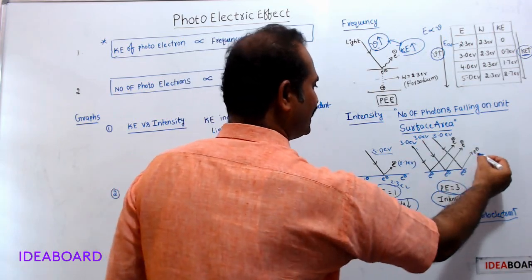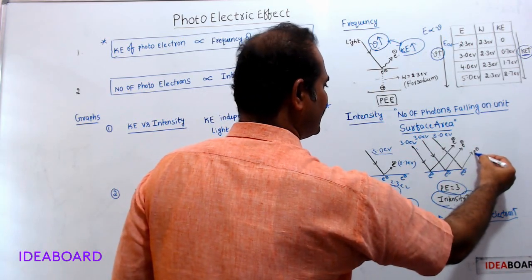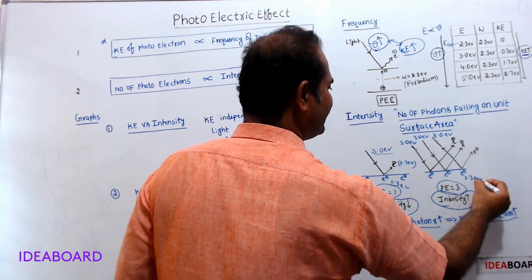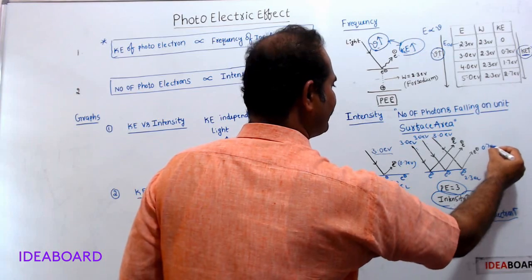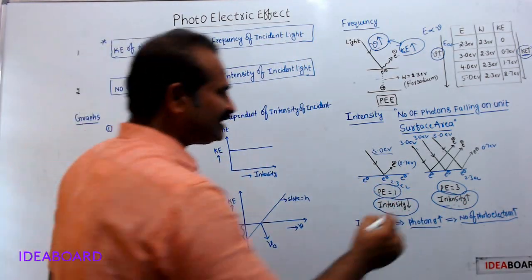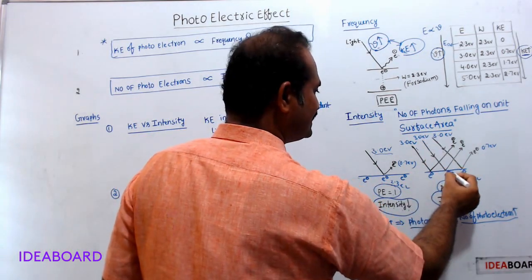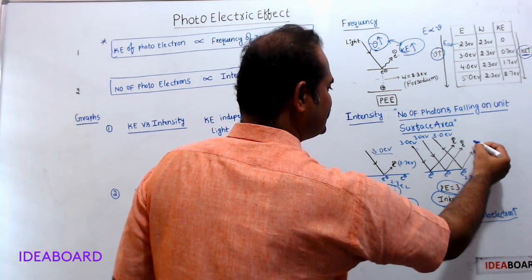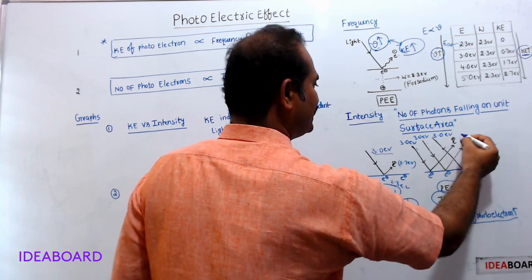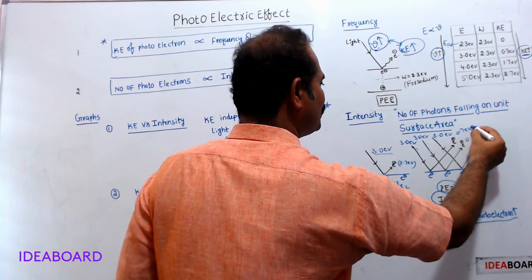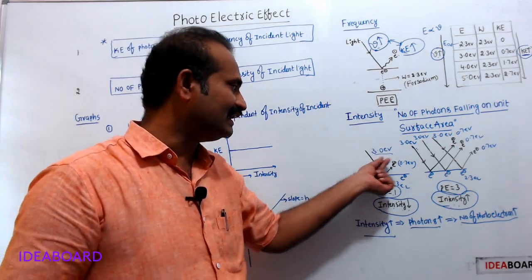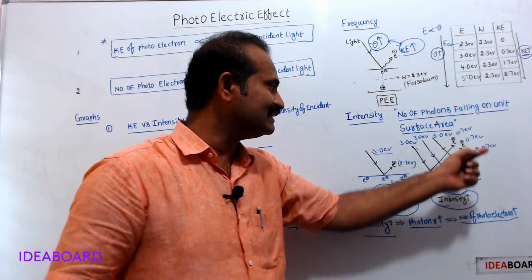So now what is the kinetic energy of this electron? 3 electron volts, 2.3 utilized, remaining 0.7 electron volts. In the second case, what is the kinetic energy of the ejected electron? 0.7 electron volts. Here also, 0.7 electron volts. Therefore, when we increase intensity, what happens to kinetic energy?